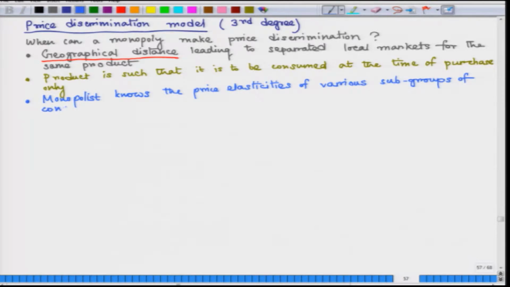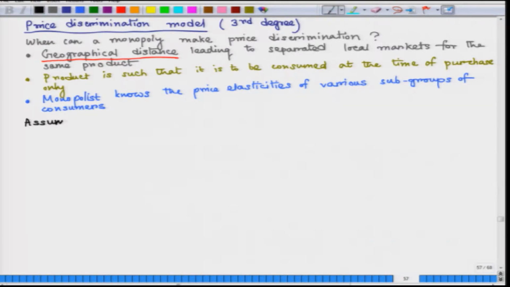This is a very critical condition. Later we will see that the difference in two or more markets for the same product will actually depend on these elasticity values. Okay. So, now let us make a simple assumption.